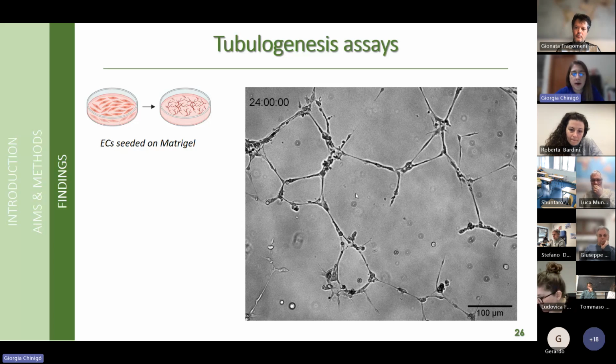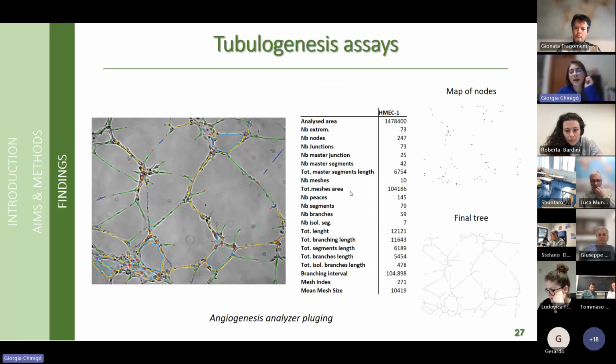But as our colleague from the Politecnico of Turin will explain to you later, this readout is quite easily modelable. Why? Because the tubulogenesis assay represents a quantitative multi-parametric system, as you can see from this slide.